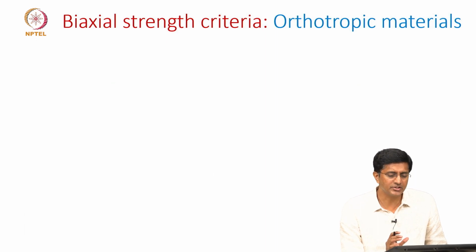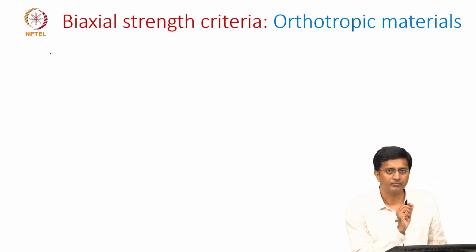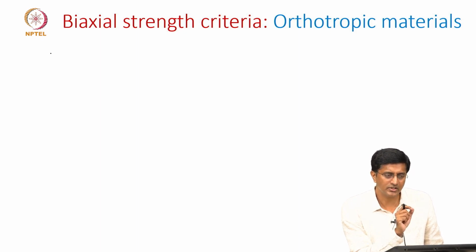So when we discuss orthotropic material, the first thing we need to realize is it is very difficult to apply a failure theory, because what do we mean by a theory? A theory is based on some physical observations, let's say, which is related to the failure mechanism. So whenever we discussed distortion energy theory or shear stress, we are very clear about how the failure happens in the material.